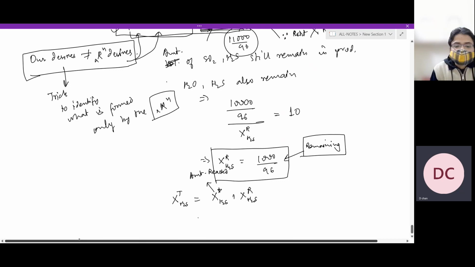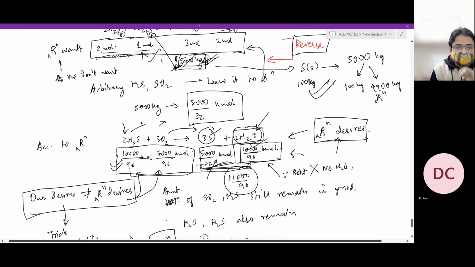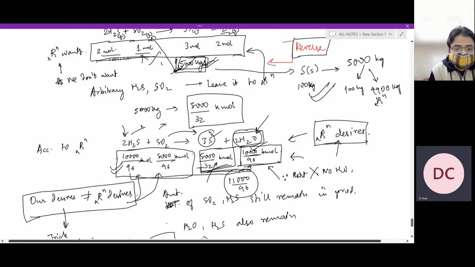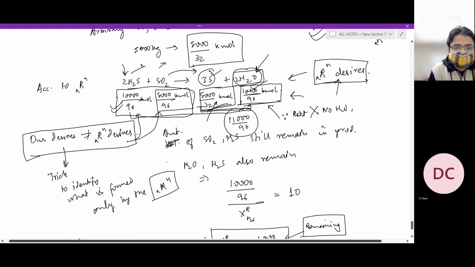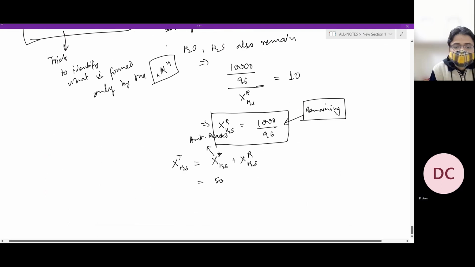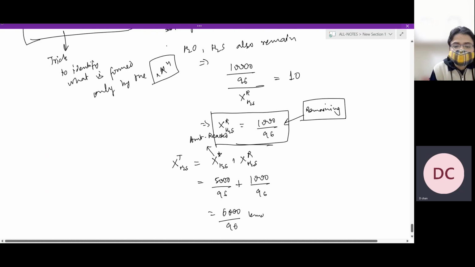The amount that has reacted is already governed by the reaction mechanism, and you know exactly that the amount that has reacted is 5,000/96 kilomoles plus the remaining part, which is 1,000/96. This entire thing becomes 6,000/96 kilomoles. And this becomes 1,000/16 kilomoles.